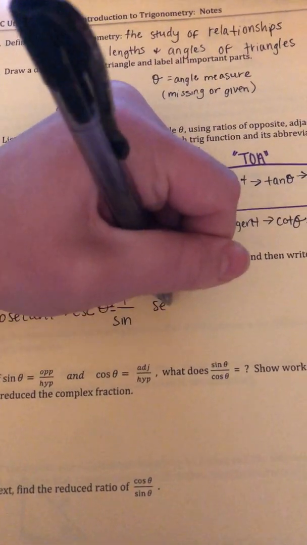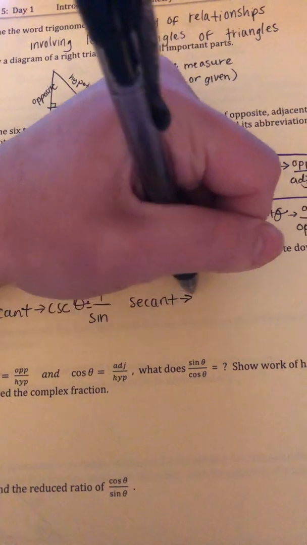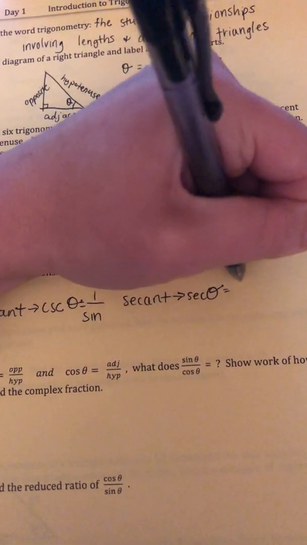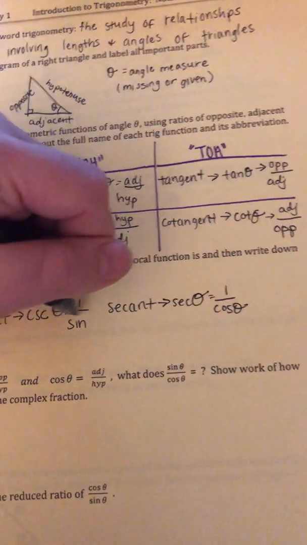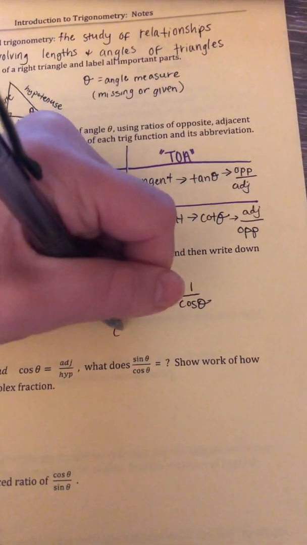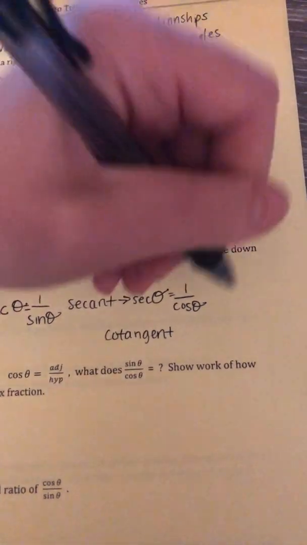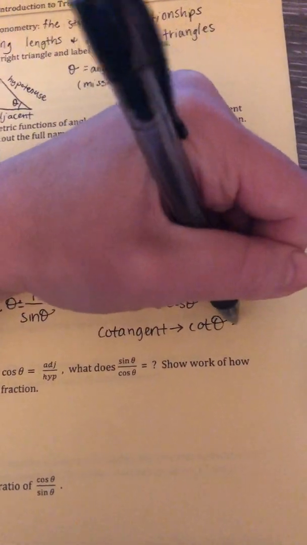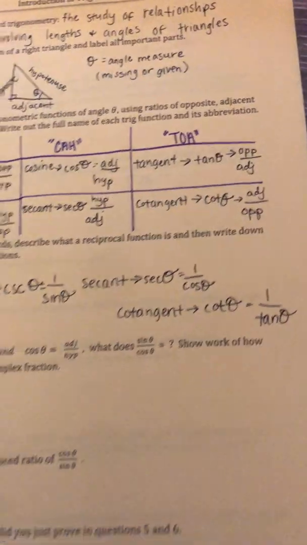Then we have secant, which is SEC of an angle measure, equal to 1 over cosine of that angle measure. And I will put that there as well. And then we have cotangent, equal to 1 over tangent of the angle measure.